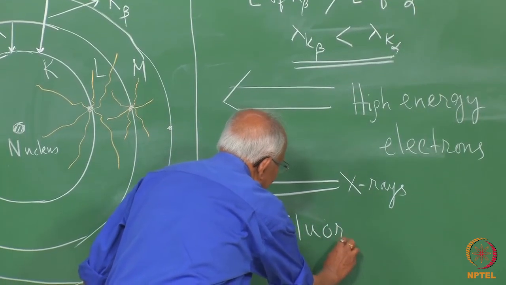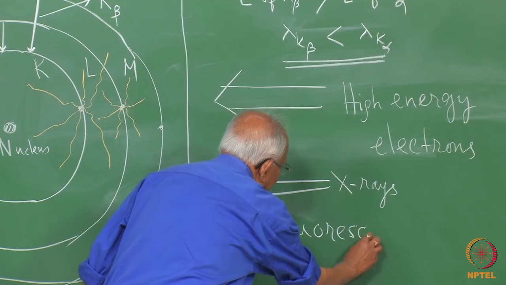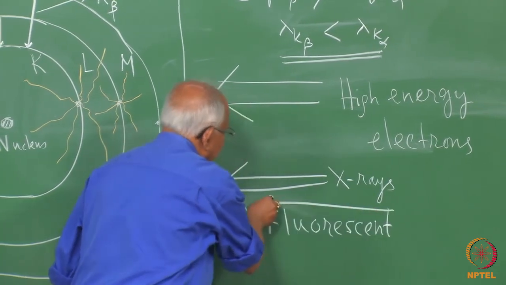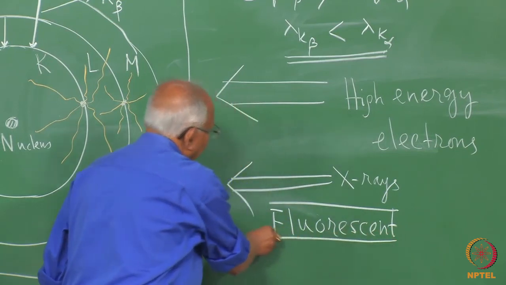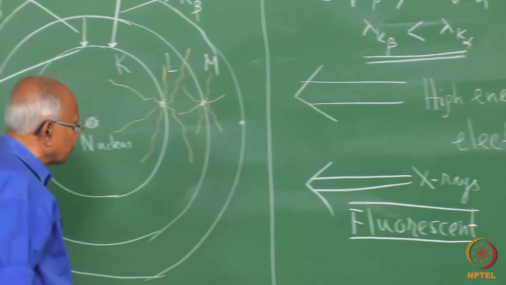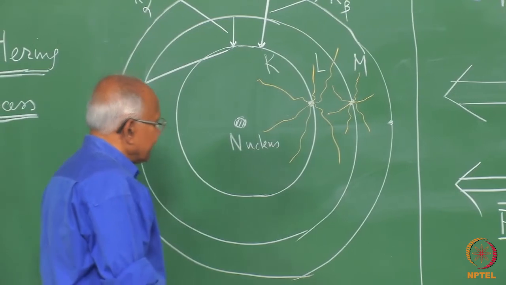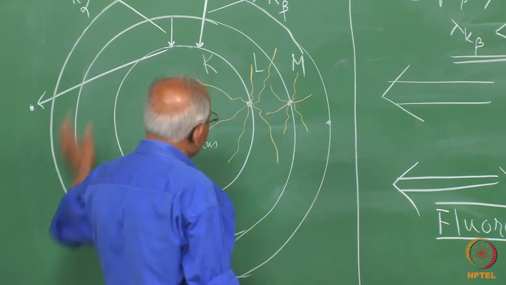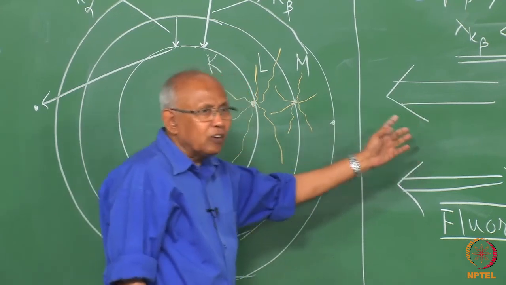Now, fluorescent X-rays have quite a bit of application in chemical analysis of material, as we will see later on. So, we can produce X-rays by bombarding a target material with high energy electrons.